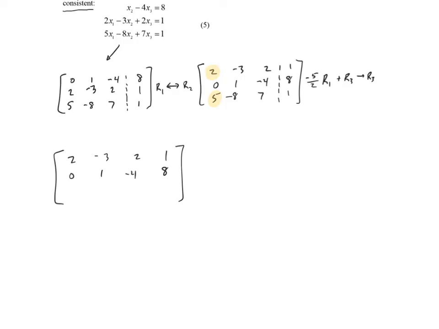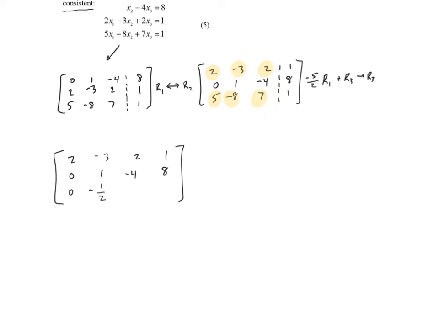-5 halves times 2 is -5. Add the 5 in the bottom, and you get 0. Then, -5 halves times -3, add -8. Check that one in your calculator. But if you do, you should get -1/2. All right, keep going through this one. -5 halves times 2 is -5 again.